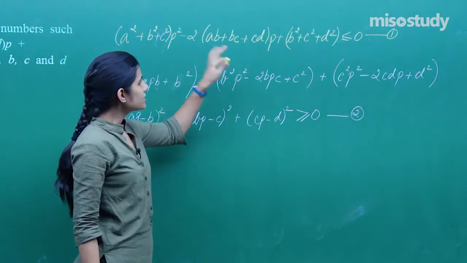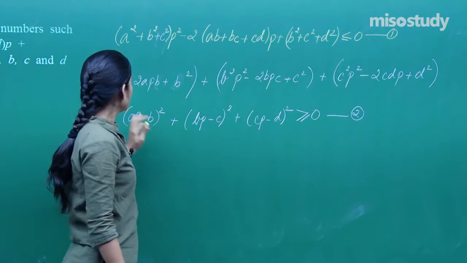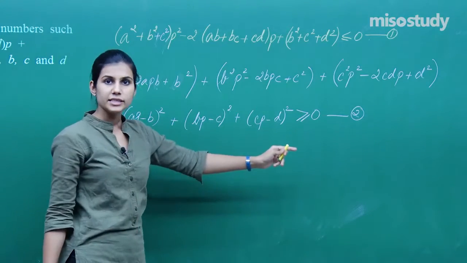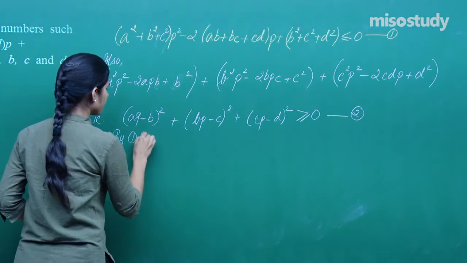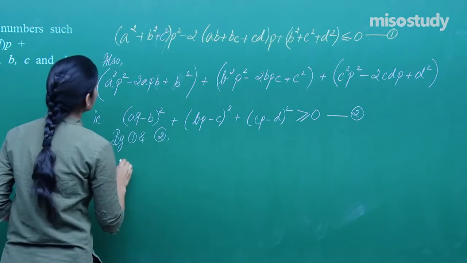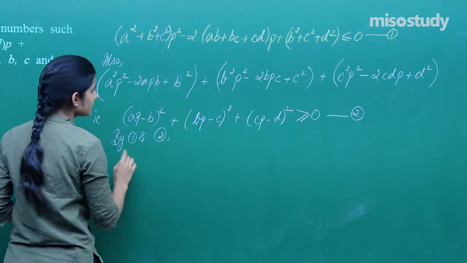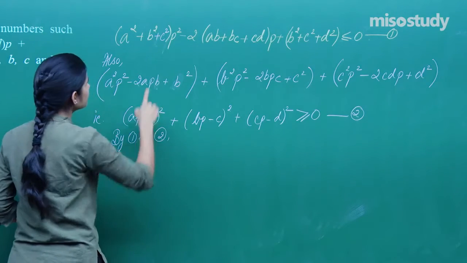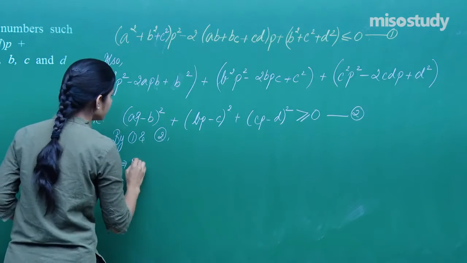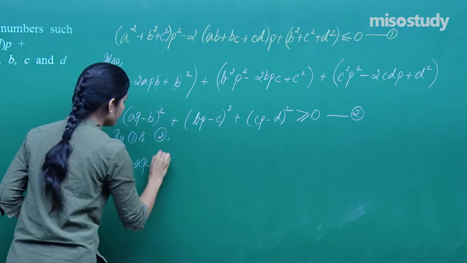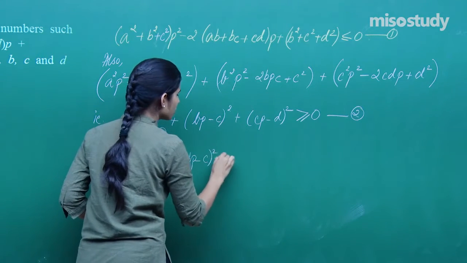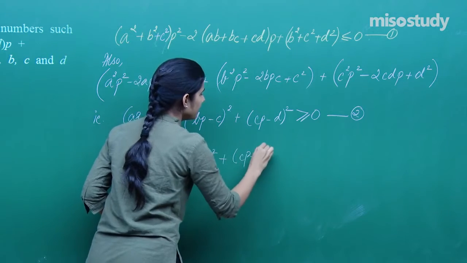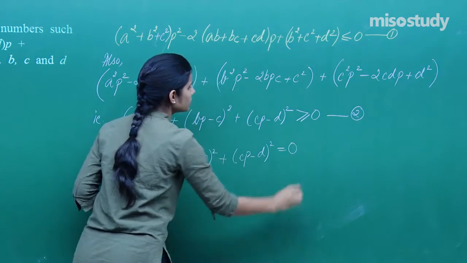One is giving you that this expression is less than or equal to 0. Then you manipulated and saw that actually it is greater than or equal to 0. By 1 and 2, you have that this expression is actually equal to 0, that means ap minus b whole square plus bp minus c whole square plus cp minus d whole square is equal to 0.